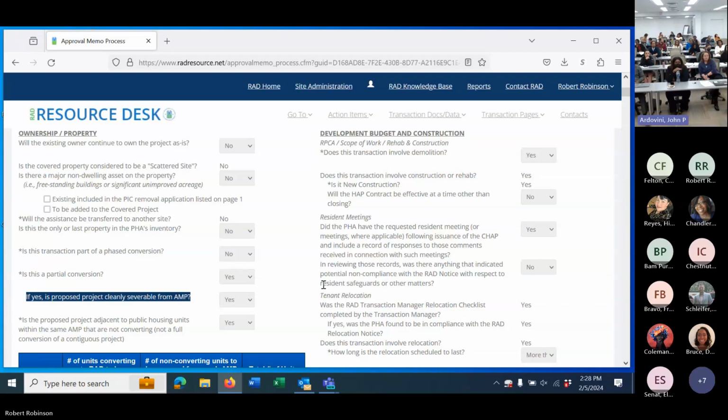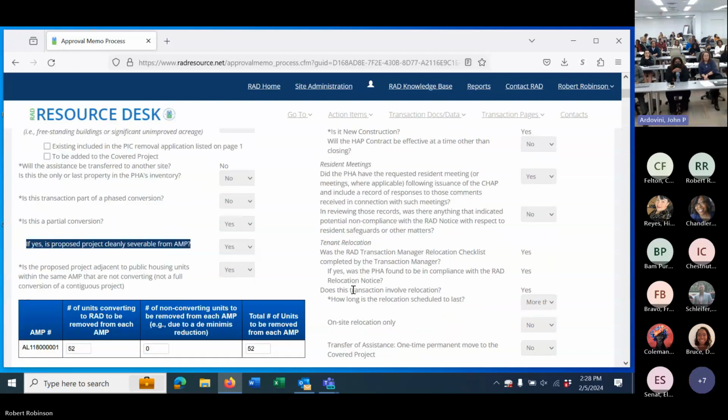If it's a partial conversion, we want to also make sure it's cleanly severable. If it's not cleanly severable, we have to take it to committee. There are other criteria of what we need to do to make sure that we can, in fact, remove those units from that AMP. But why this section of the review is important is that the questions must be accurate, because usually when we start a review, we do not have the entire form open.